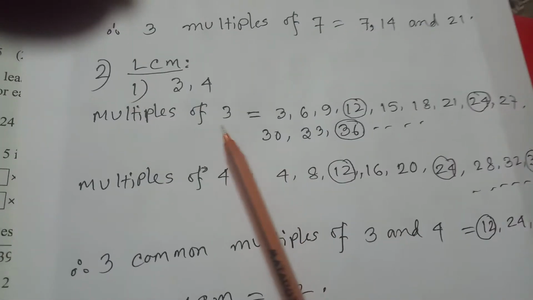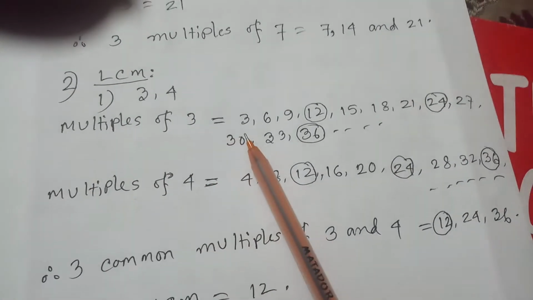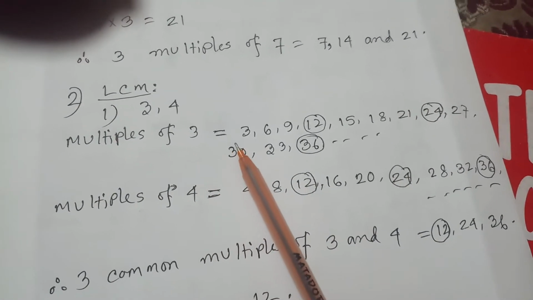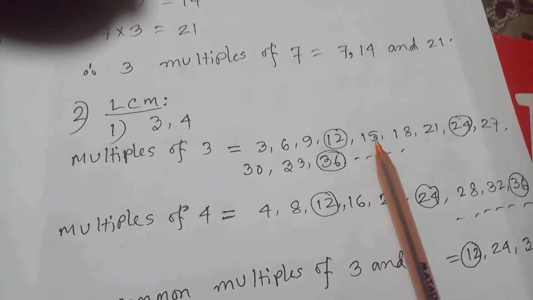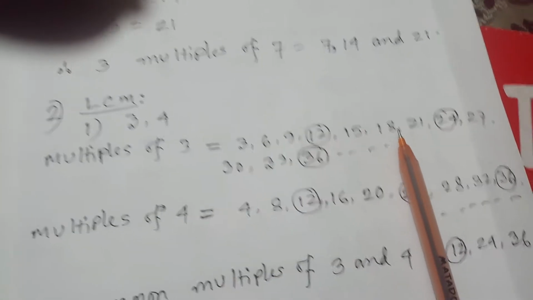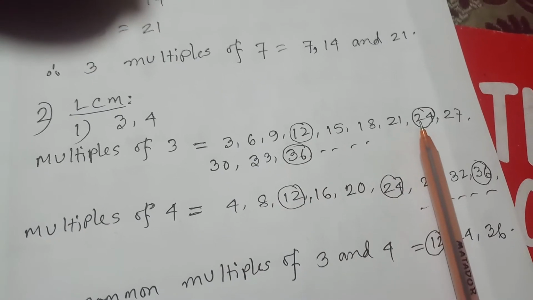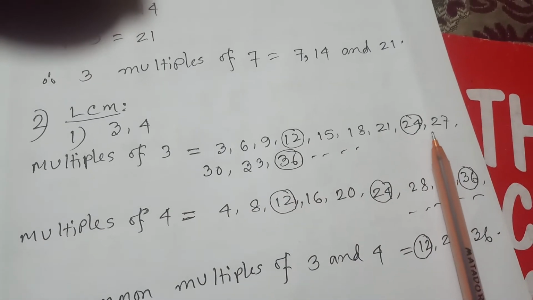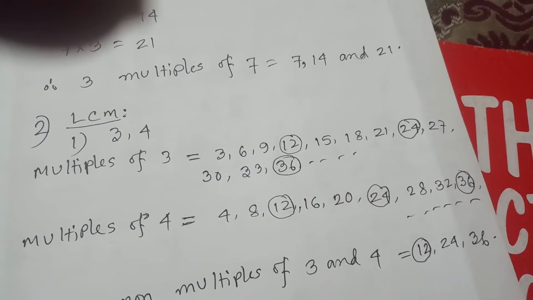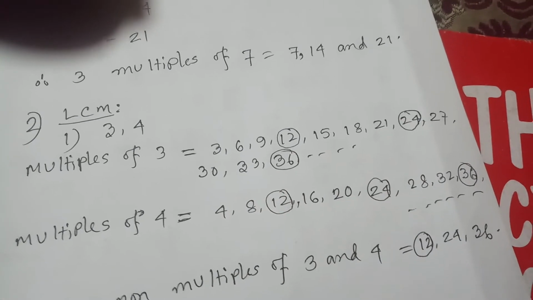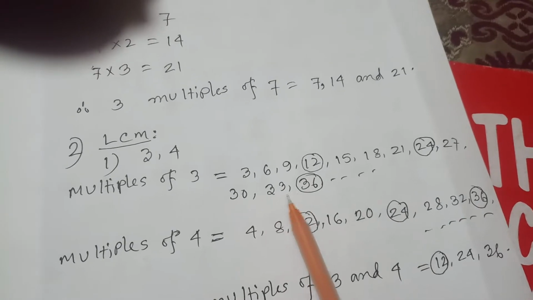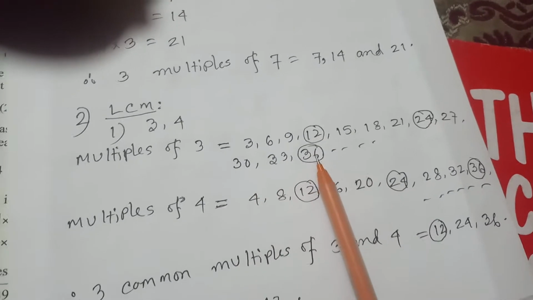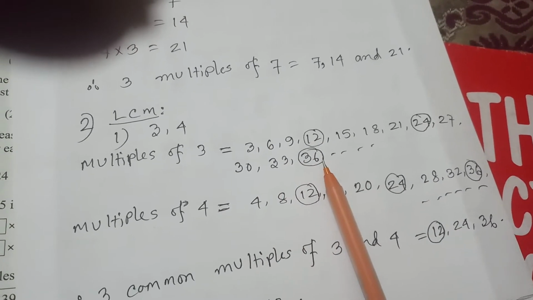At first multiples of 3: 3 multiplied by 1, 3, 6, 9, 12, 15. 3 5s are 15, 3 6s are 18, 3 7s are 21, 3 8s are 24, 3 9s are 27, 3 10s are 30, 3 11s are 33, and 3 12s are 36.